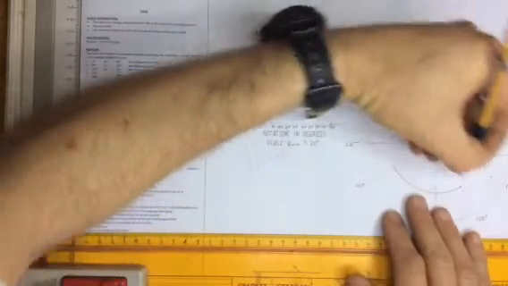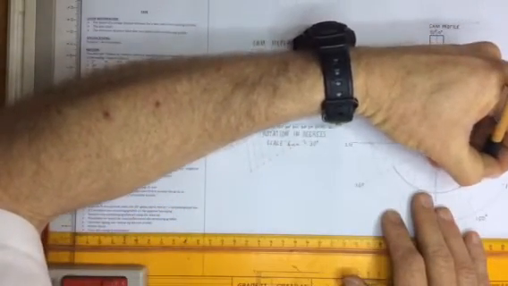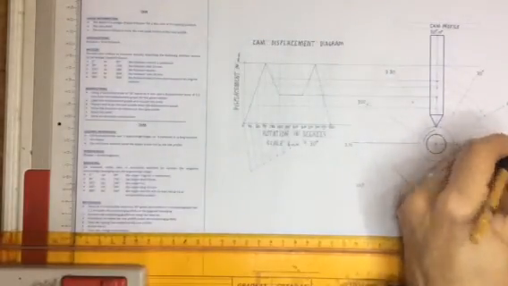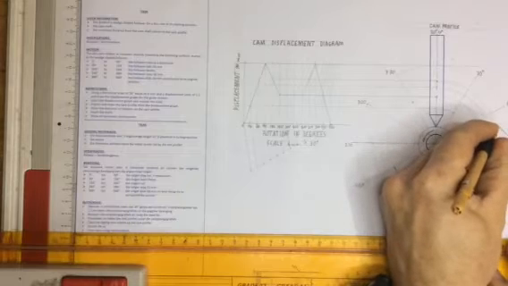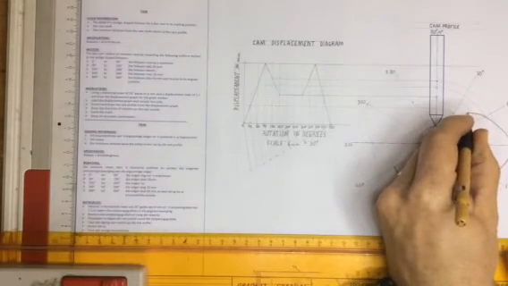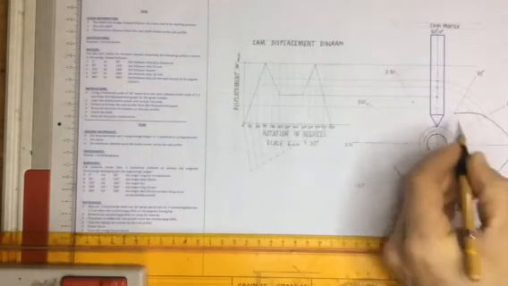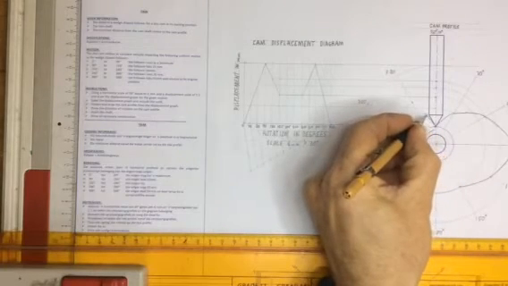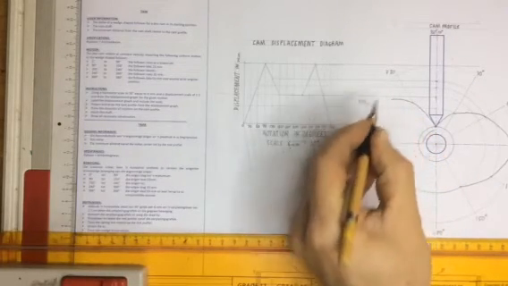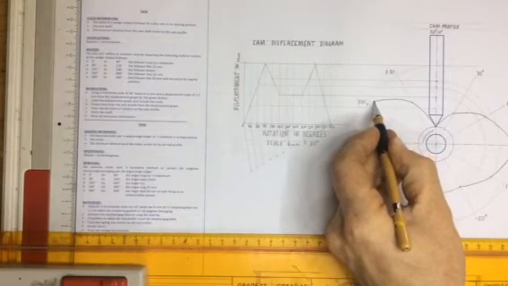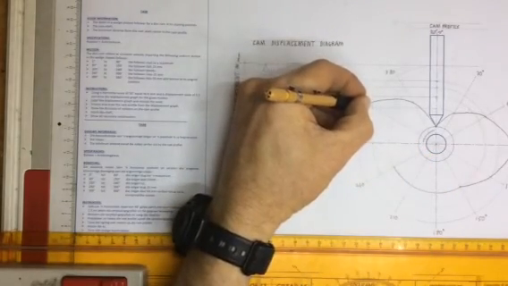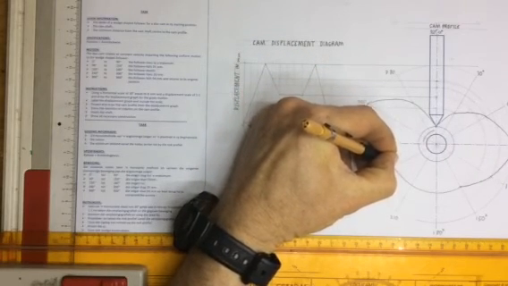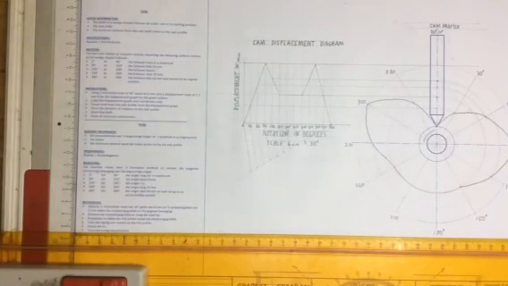Once I've got that in place, I can then draw in these curves along those little dashed lines that I've got. And that's the profile that you should get.